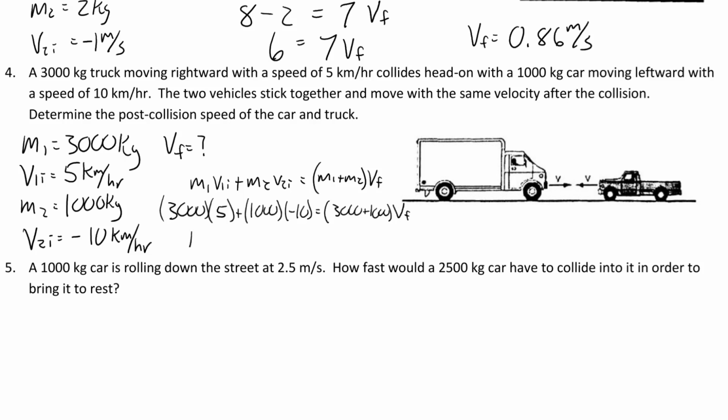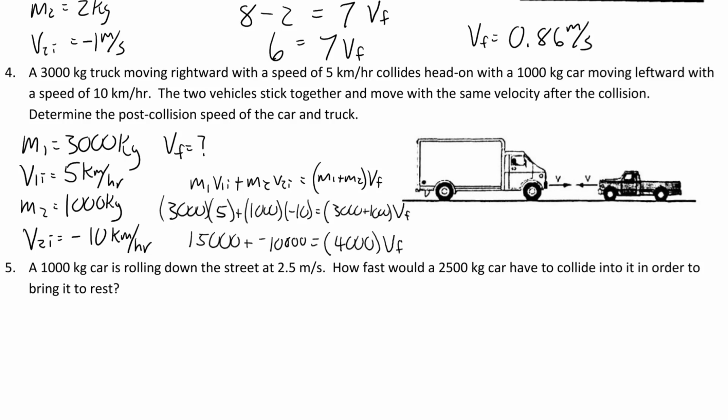So now you have 15,000 kilogram meters per second, or sorry, kilogram kilometers per hour. That's the momentum of the first car, plus negative 10,000 kilogram kilometers per hour. That's the momentum of the second car, is equal to 4,000 times VF.